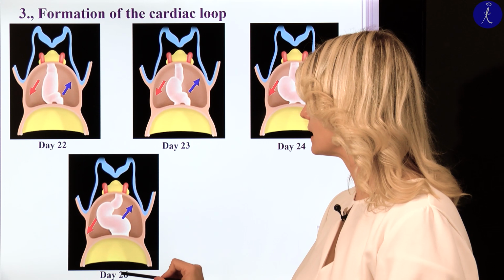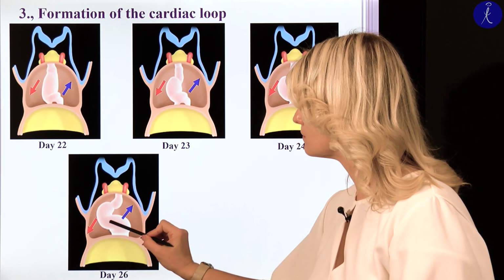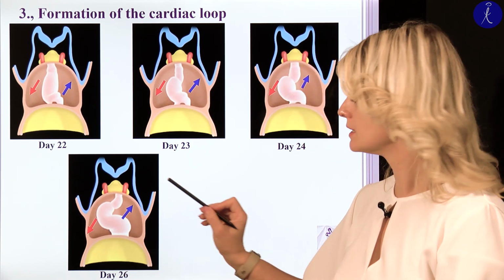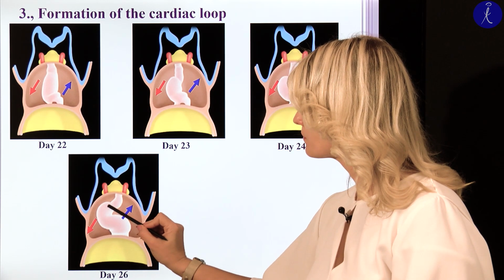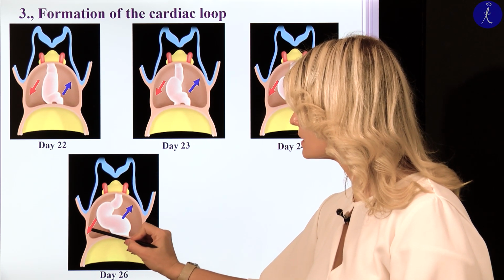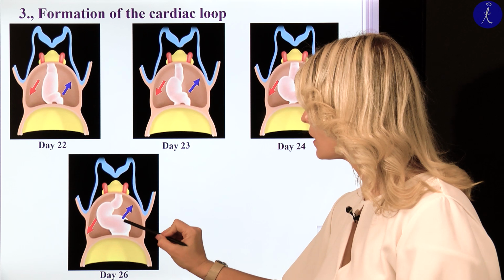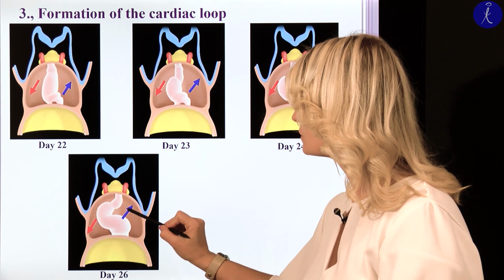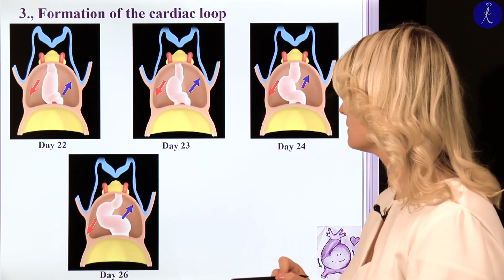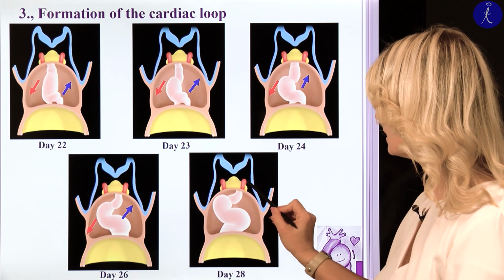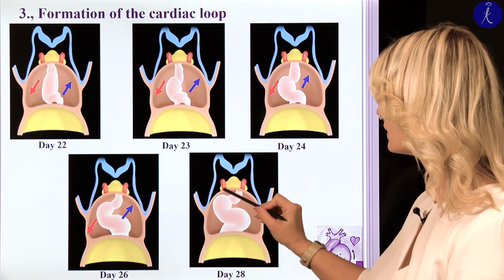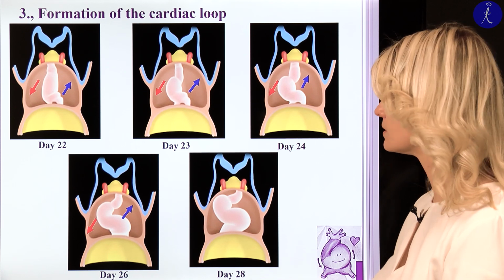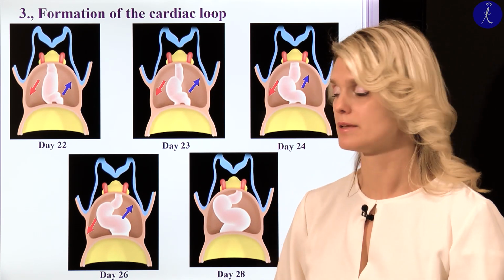On day 26, you can see bigger loops. The cranial part is moving to the right side. The distal part is moving upward to the left, posteriorly. And finally, the whole looping will be finished at day 28.